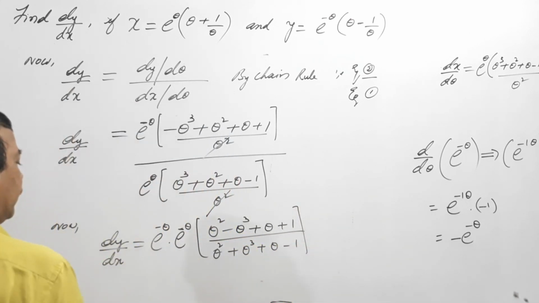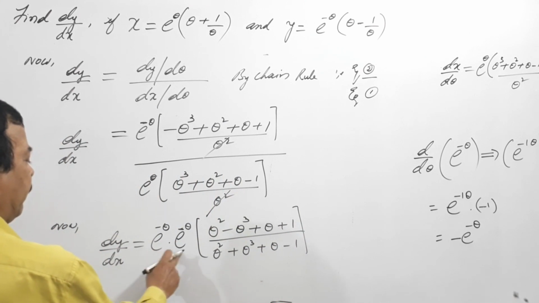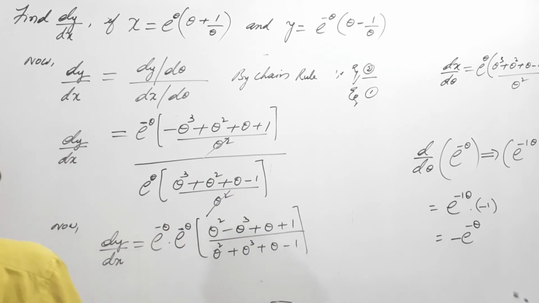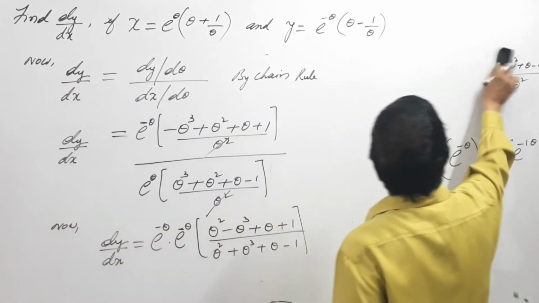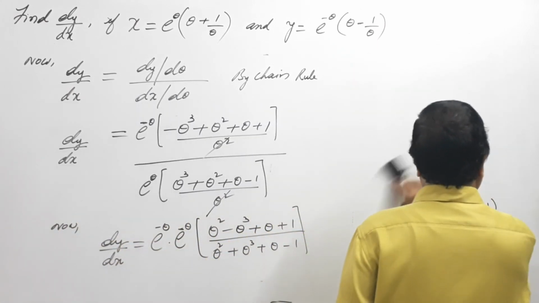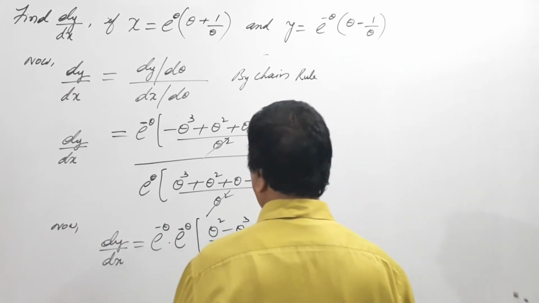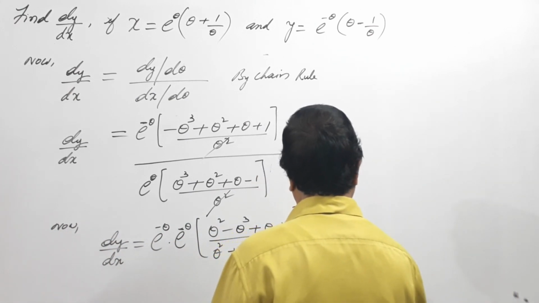So what happens to this? The bases are the same, so add the indices. I call this equation 3.